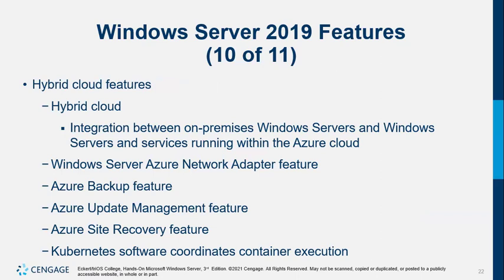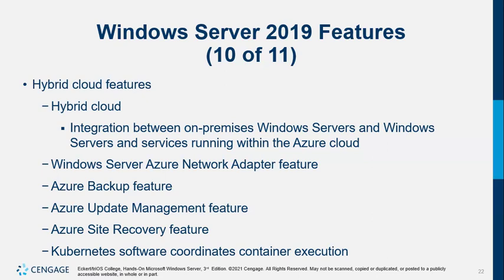And then we're going to look at some of the cloud features. Some of those cloud features are with a hybrid cloud, like I had mentioned before, where you can use some of the functionality between on-prem and Azure. Some of those functions are network adapter features.